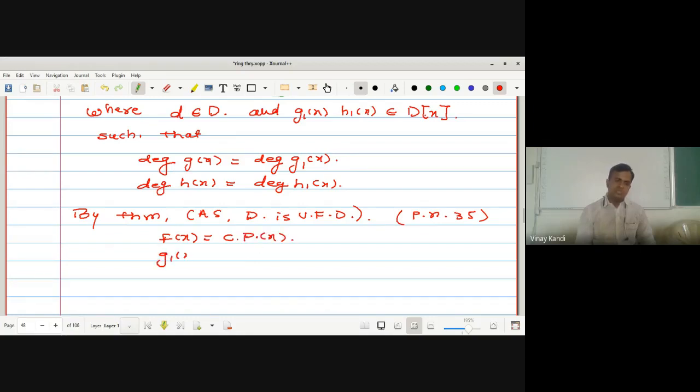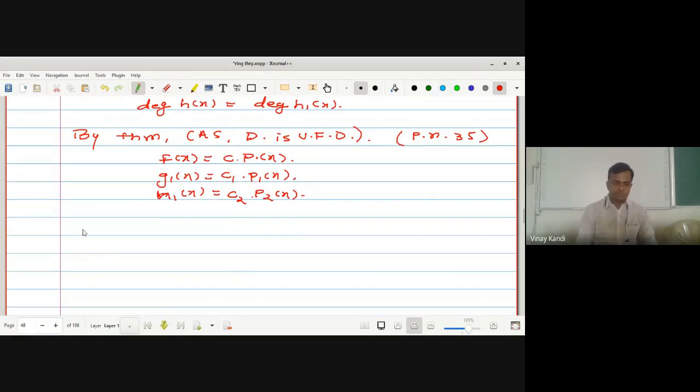So g1 of x also we can write c1, which is content of that polynomial, into p1 of x, and h1 of x we can write c2 into p2 of x. कोणताही पॉलिनॉमियल आपण या फॉर्म मध्ये लिहू शकतो, कंटेंट आपण बाहेर काढू. तुमचे g1, h1 आणि f कुठून आलेले आहेत, D of x मधून.